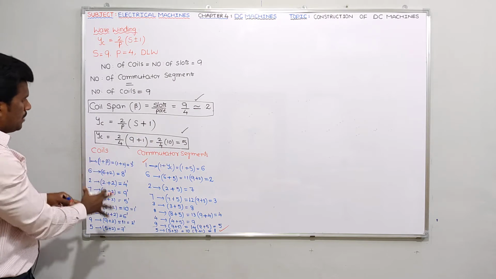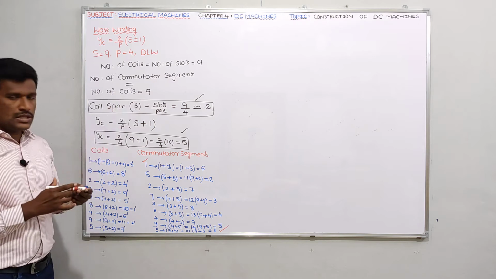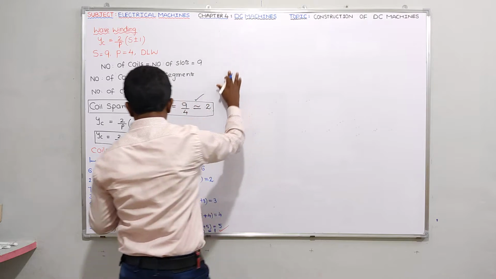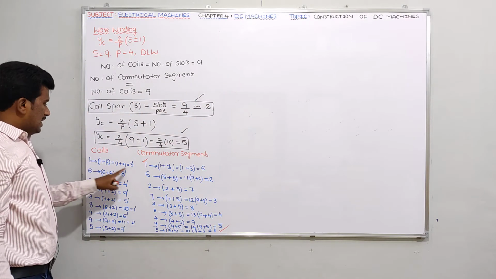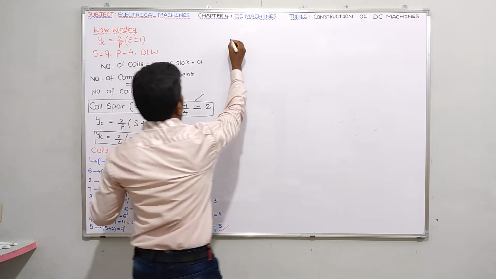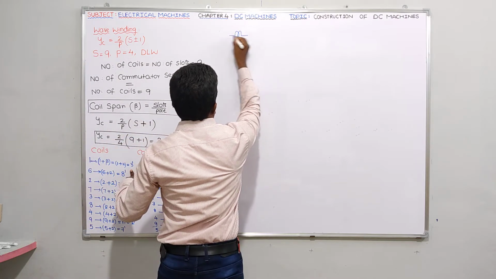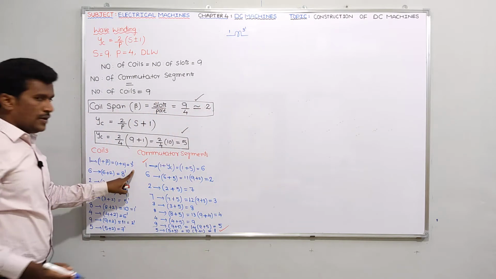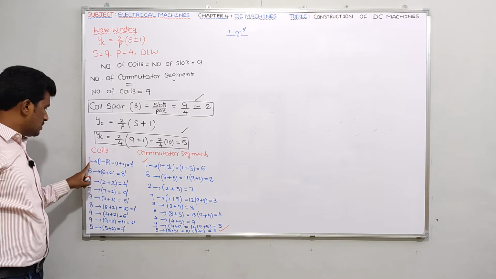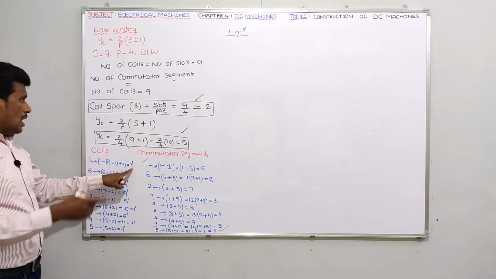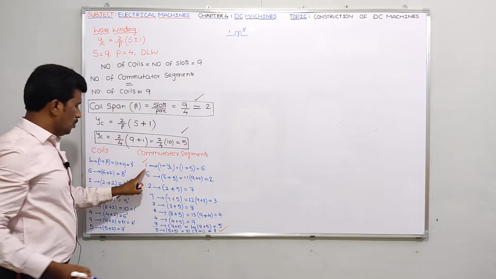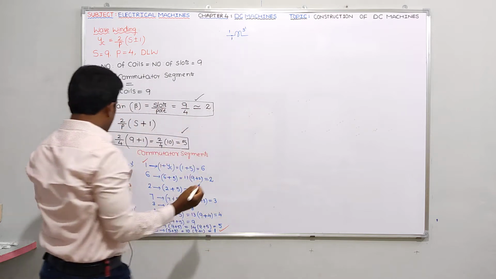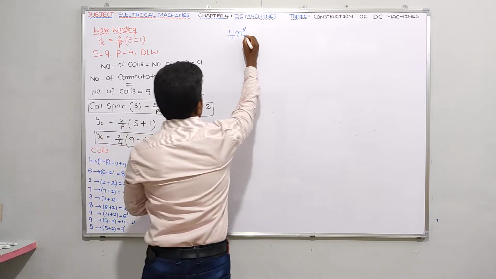Okay. So by using this tabular column, we are going to design the wave winding. Before that, if you try to see this diagram, as I told you, 1 3 dash is the coil. For the 1 3 dash coil, conductor number 1 is connected to segment number 1, and the 3 dash conductor is connected to segment number 6.